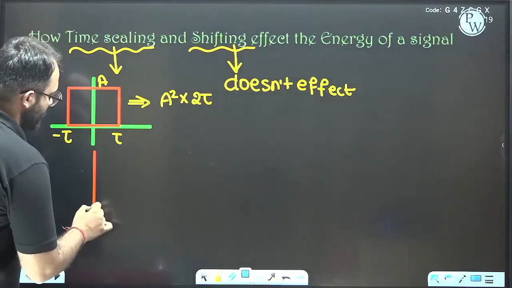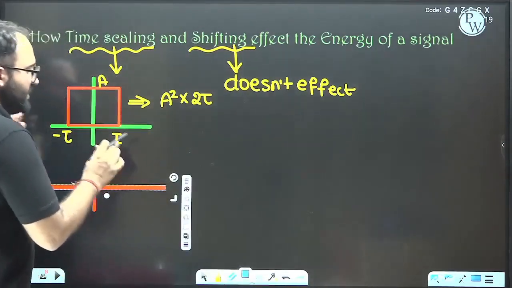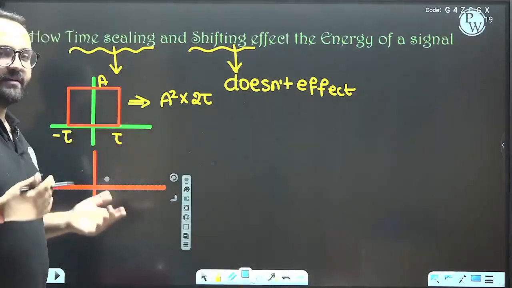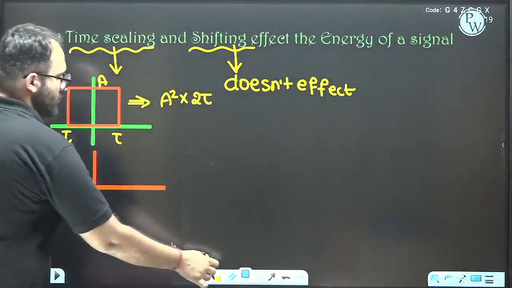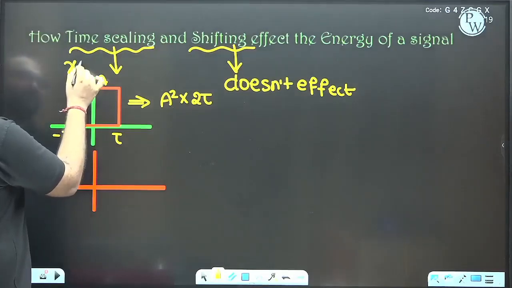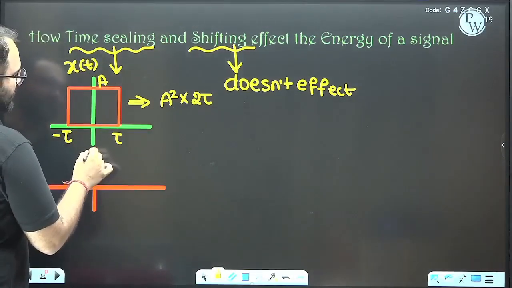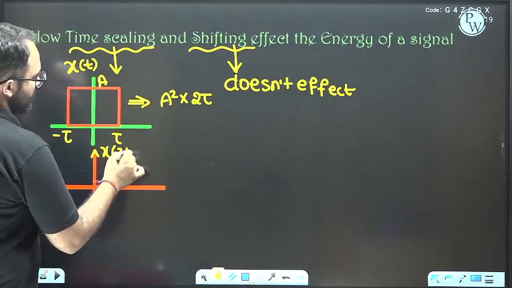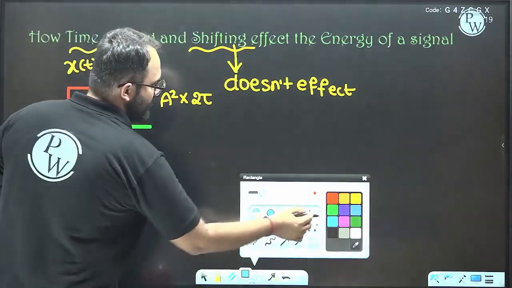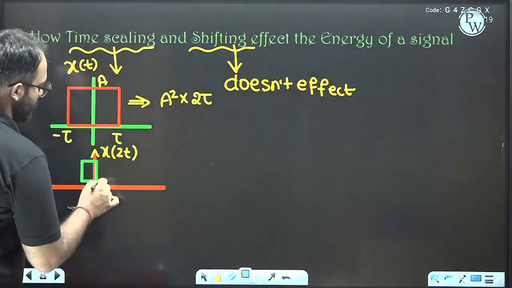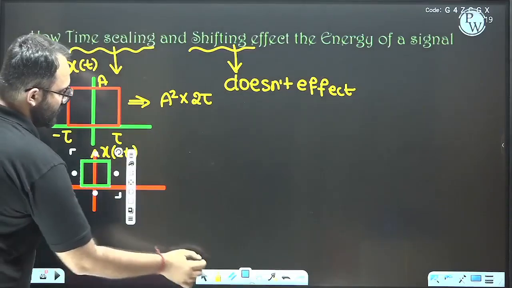If we contract it by 2, let us say this is x of t, and I contract the signal by 2, x of 2t, it will get compressed.